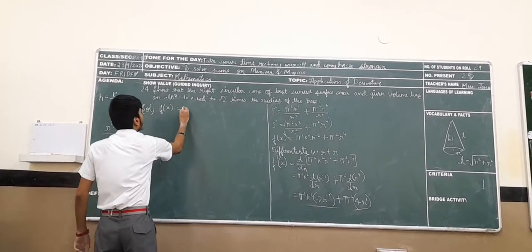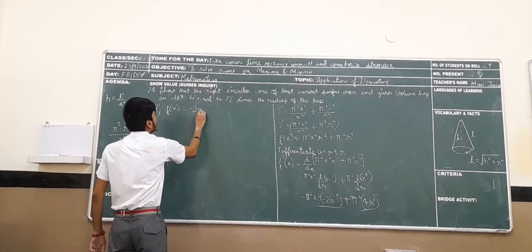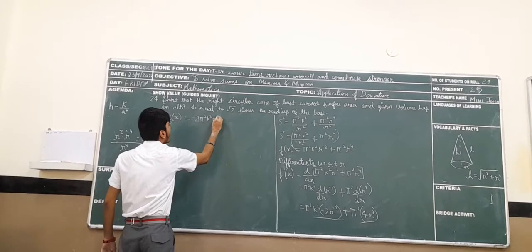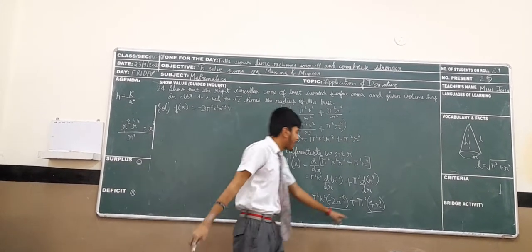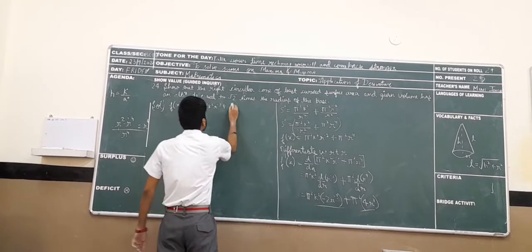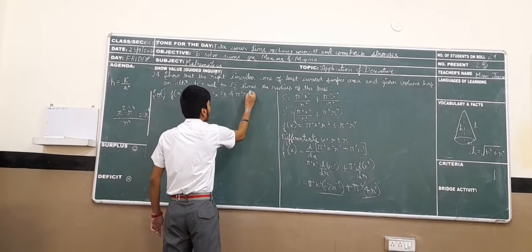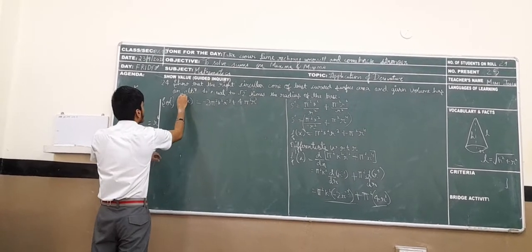It will be minus 2 pi square k square r to the power of minus 3 plus, and now we will multiply this, it will be 4 pi square r to the power 3. Now this is the differentiation.